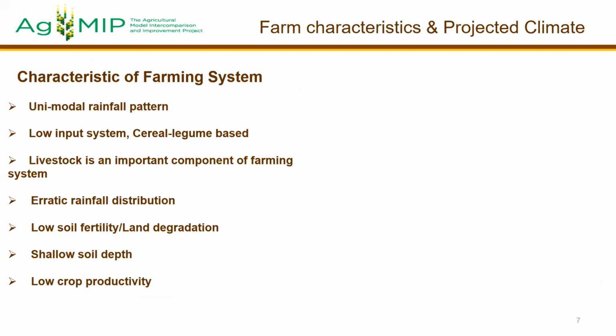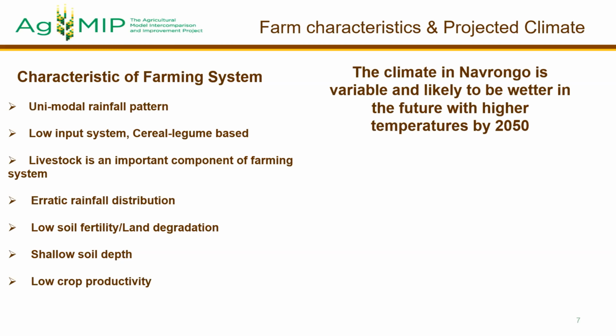To give a little background on the study area, which is Navrongo: the farming system is basically legume-cereal based and, of course, low input, as I indicated earlier. It has a unimodal rainfall pattern, and livestock is a very important component of the farming system. Soil fertility is an issue. The soils are shallow, and productivity is low.